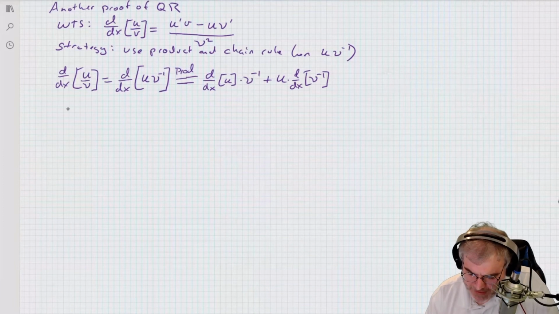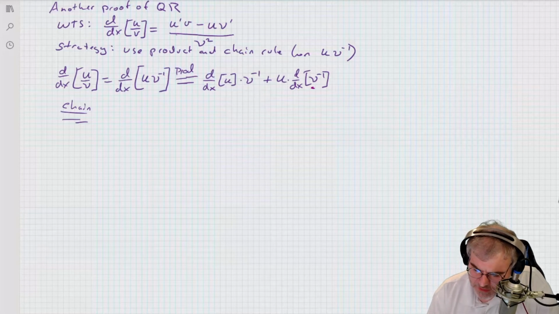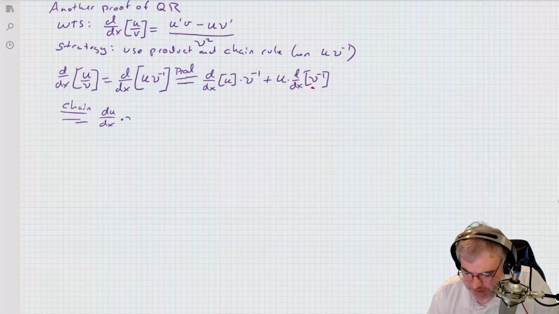So I'm going to deal with that. The chain here is that this is v. So d over dx of u is just du over dx, otherwise known as u prime. This is v to the negative 1. I'm just going to go ahead and write u prime over v.